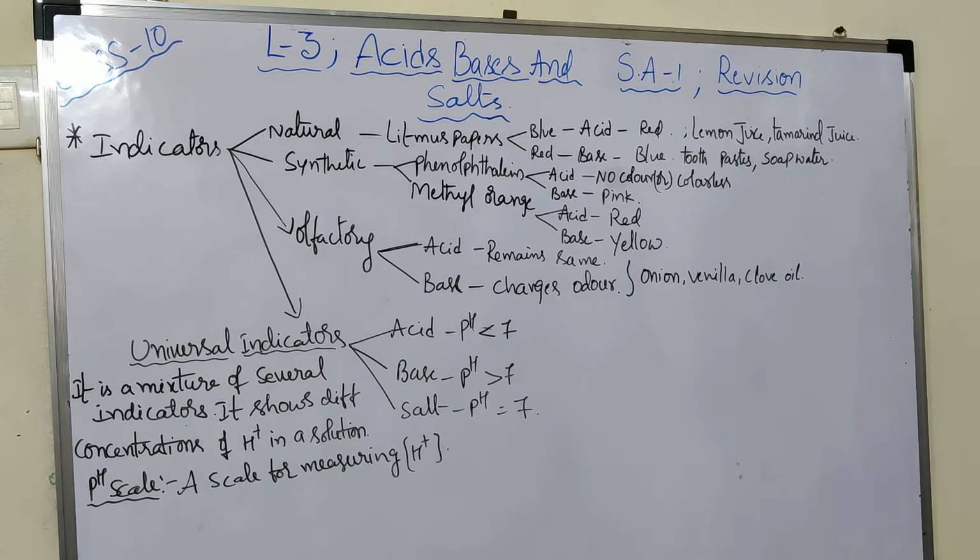Next one, olfactory indicators. What are olfactory indicators? These are indicators by which, using the odor or the smell, we can find out whether the given solution is an acidic or basic solution. In acidic medium, the odor remains the same, means there is no change in the odor of that particular substance or solution.